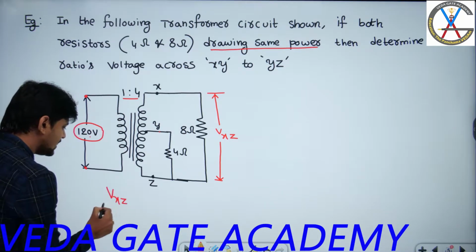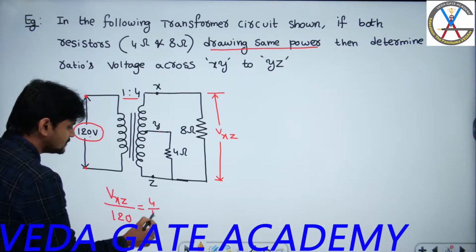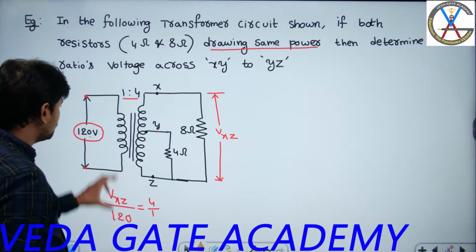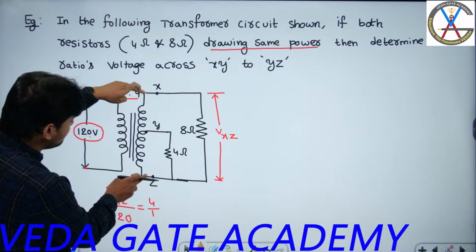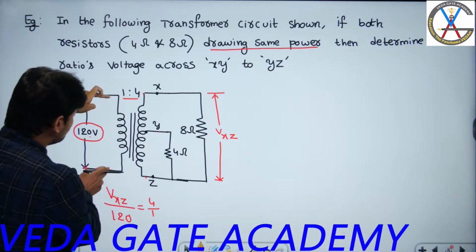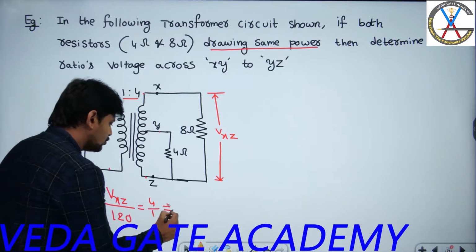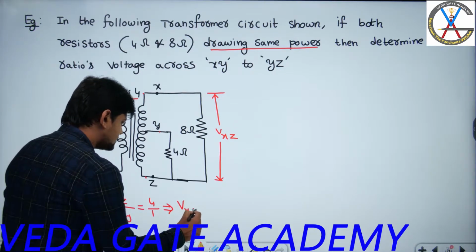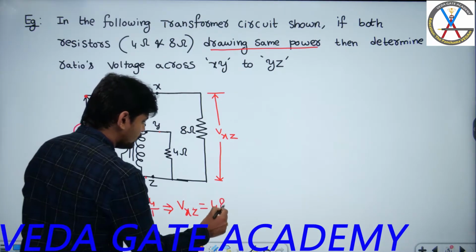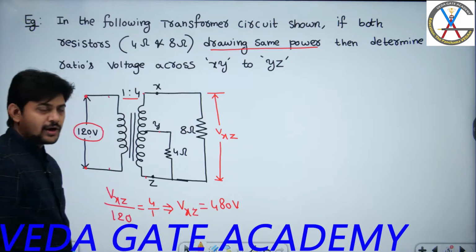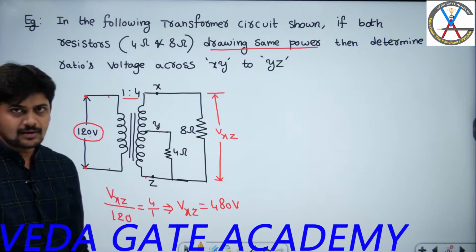The voltage across XZ divided by 120 is equal to the turns ratio, 4/1. So the entire winding voltage divided by this winding voltage is equal to 4/1, right? So the voltage across XZ will be 4 times 120. So you are going to get 480 volts. So I understand that the voltage across XZ is 480, right?